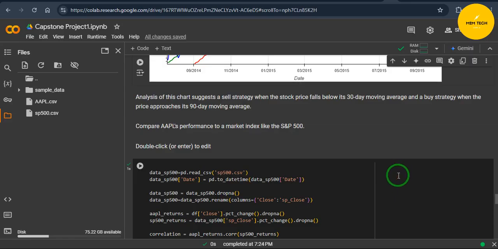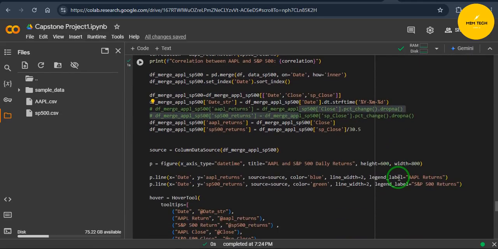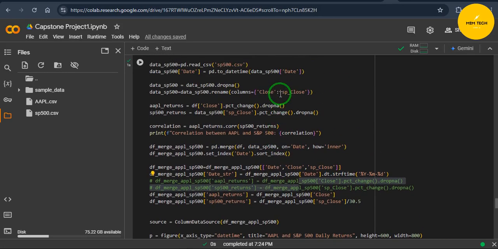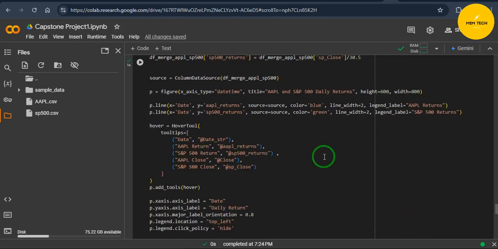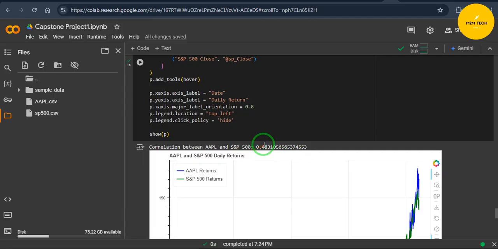I compared Apple's stock performance with the S&P 500 index to understand its correlation with the broader market. And here the correlation between Apple and S&P 500 is 48%.